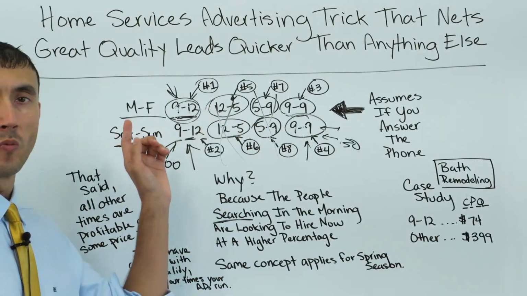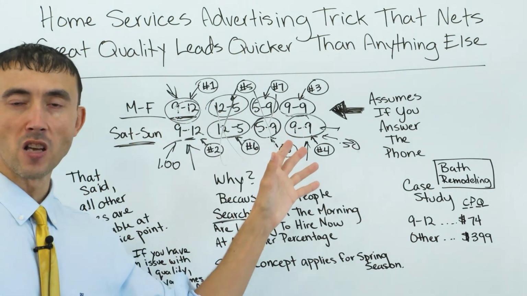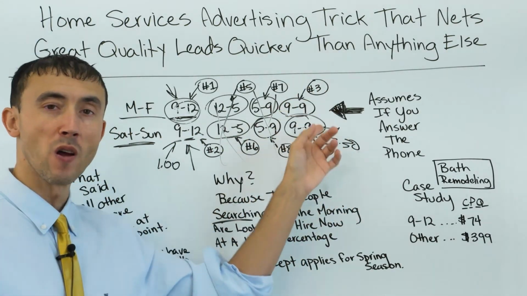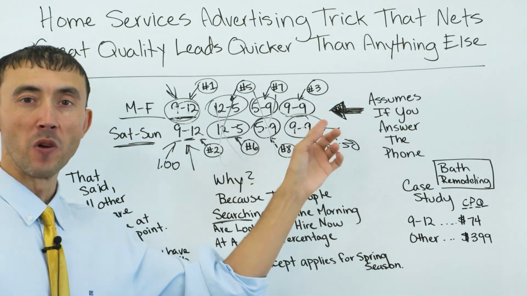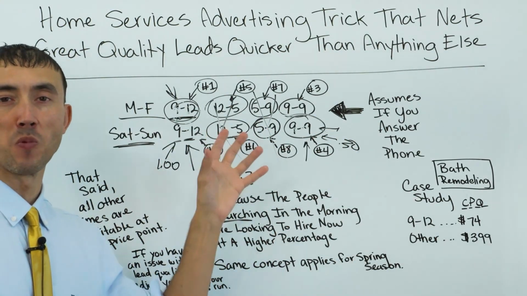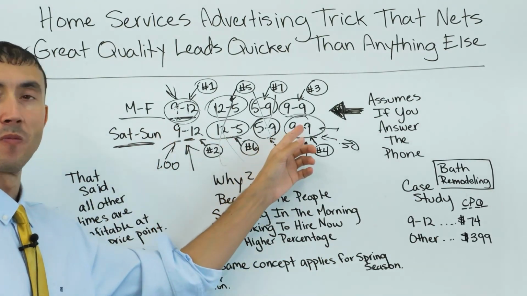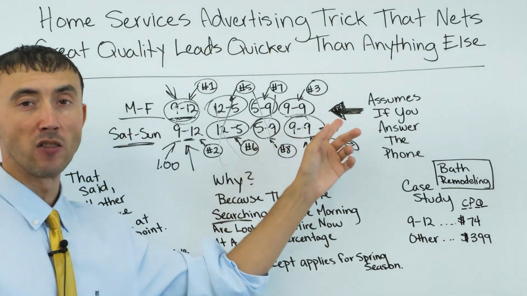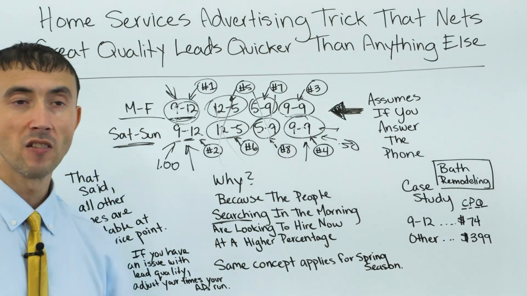We spent some time getting that cost per opportunity down during the rest of the day, because I told the client, hey, do you want to just run ads overnight for now? We can do that. They understood that it takes time to get cost per opportunity down. But we could have just run ads overnight and stuck with that.